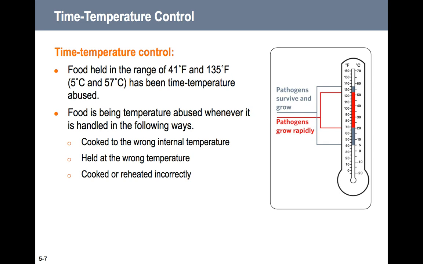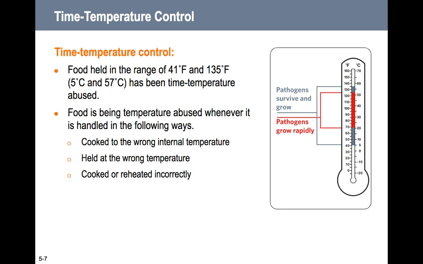When it's held within that range, it has been time-temperature abused. Food is being temperature abused whenever it is cooked to the wrong internal temperature, held at the wrong temperature, or cooked or reheated incorrectly.